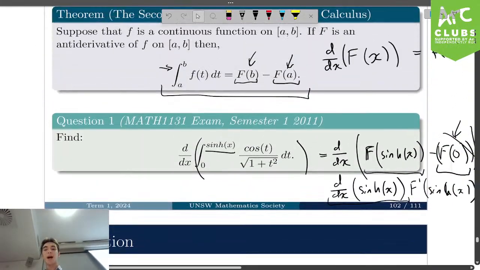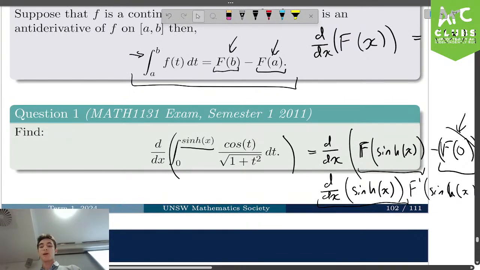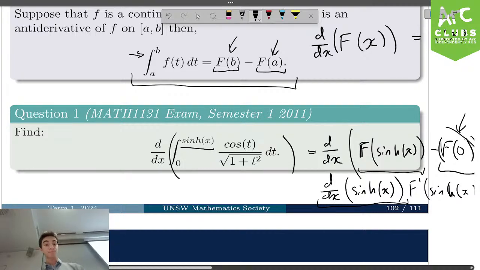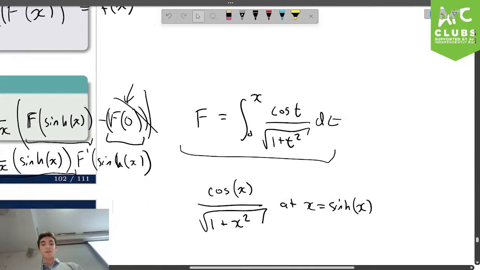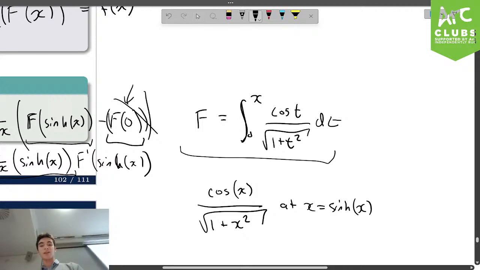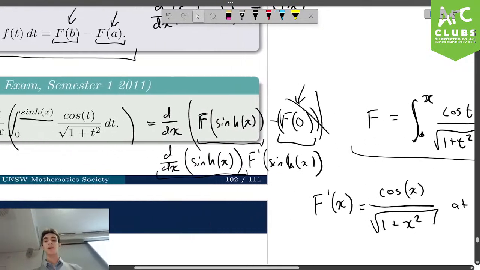So the main idea behind this is that we applied the fact that the derivative is just the opposite of the integral, okay? When we took the derivative of this function that was defined as an integral from 0 to x of something, we just got back our something, the thing that was underneath the integral sign, okay?